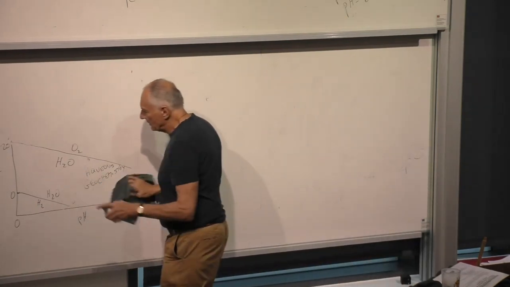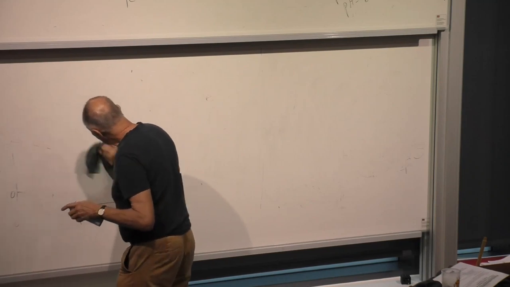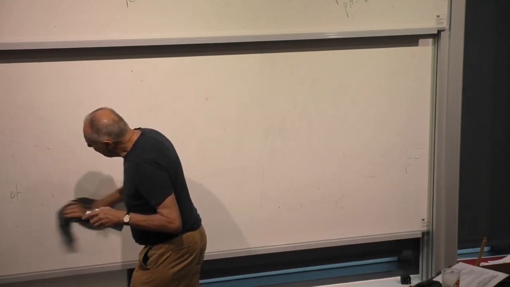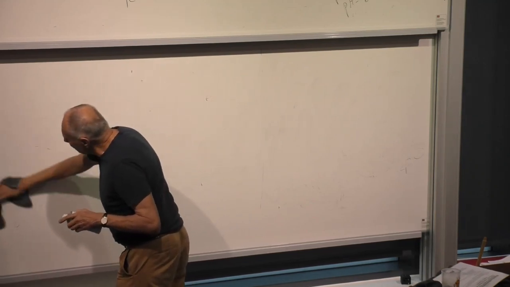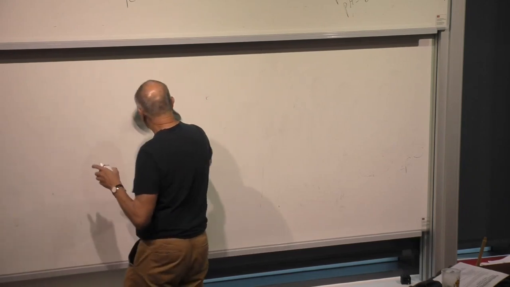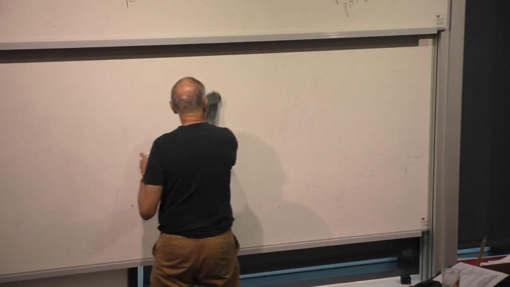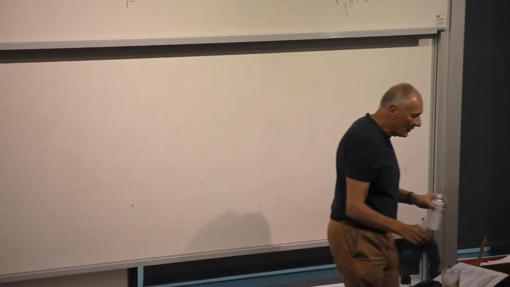So Fe3 plus is very insoluble. Fe2 plus is soluble. A useful thing to remember.